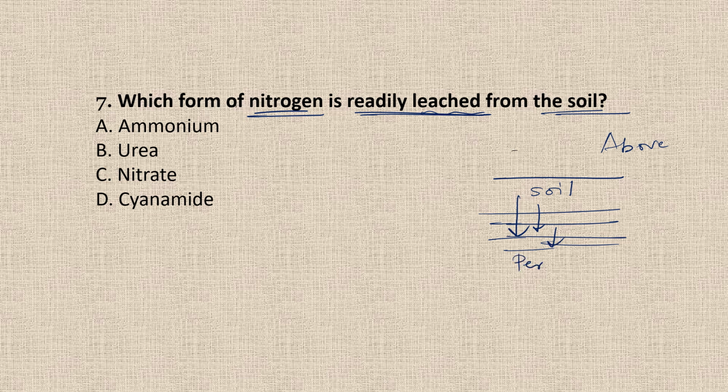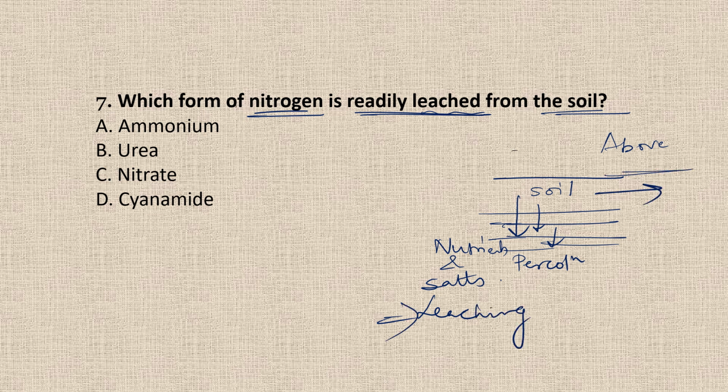And the movement of nutrients and salts along with this water is called leaching. And this horizontal movement inside the soil is called seepage of water, and from above ground to underground is called infiltration. Okay, so I hope you have understood these points.